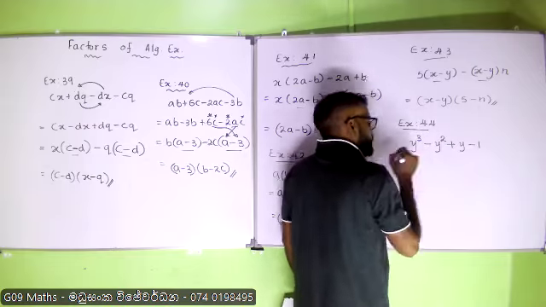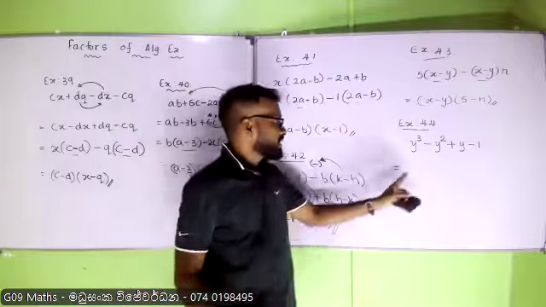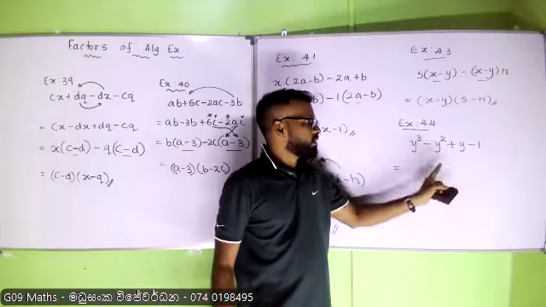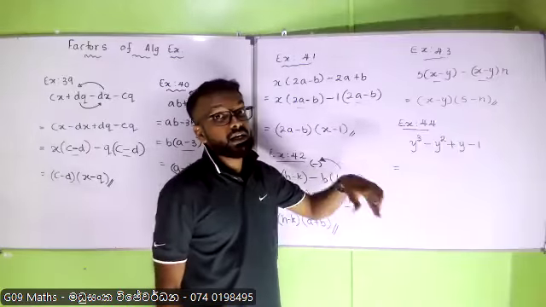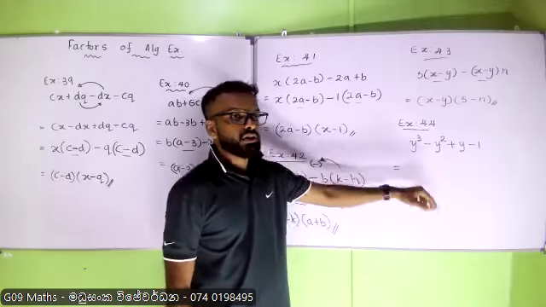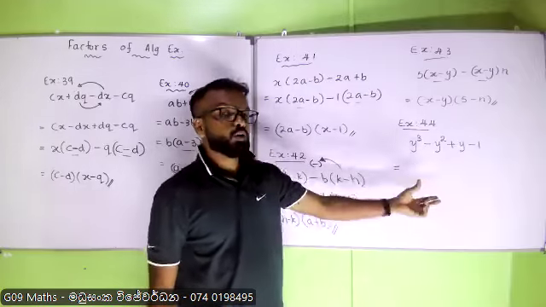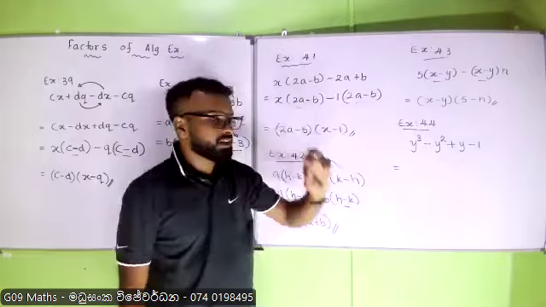So how are we going to do this? By considering the first two terms, what is the common term you are going to take out from the bracket? That is the important thing.